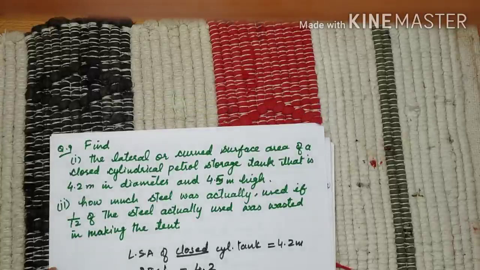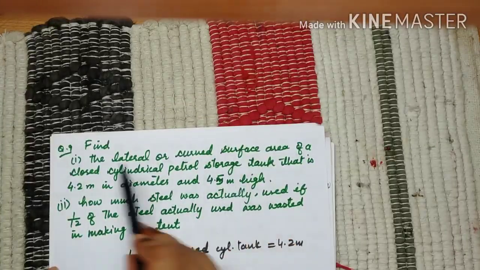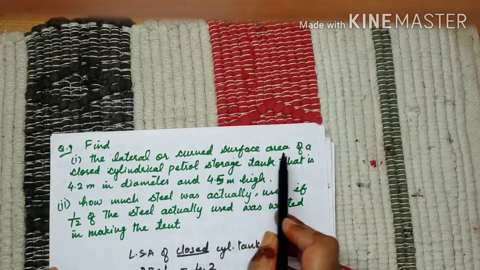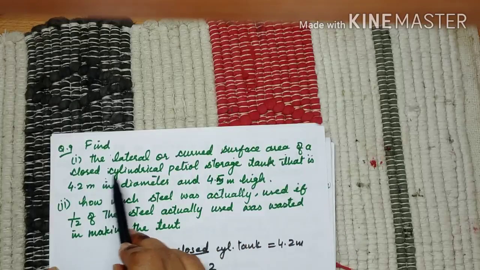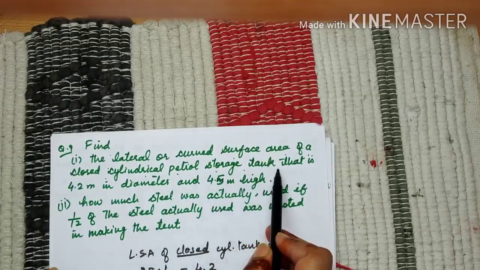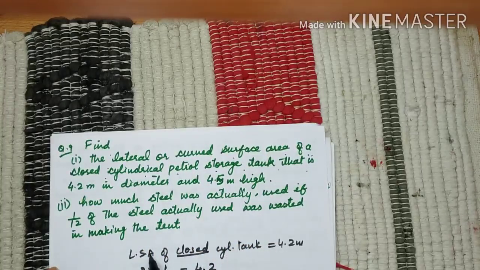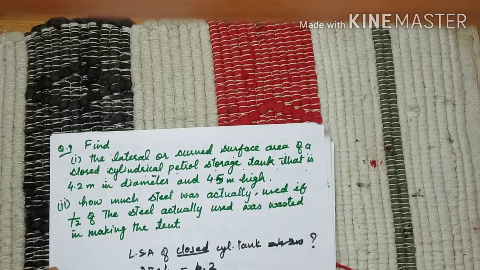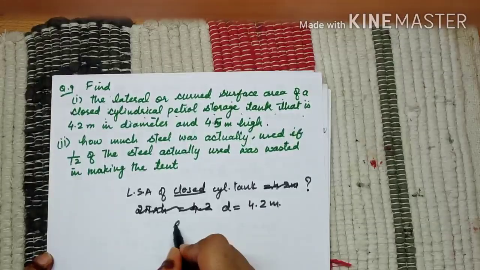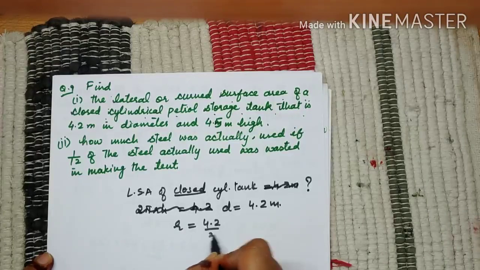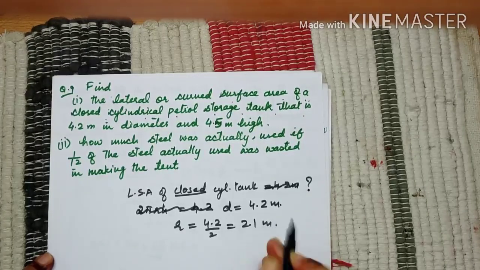Sorry, we need to find the lateral surface area, the curved surface area, of a closed cylindrical petrol storage tank whose diameter is 4.2. I need to find out the lateral surface area and the diameter is given to us. Diameter is 4.2 meter, so radius will be half of it, 2.1 meter.